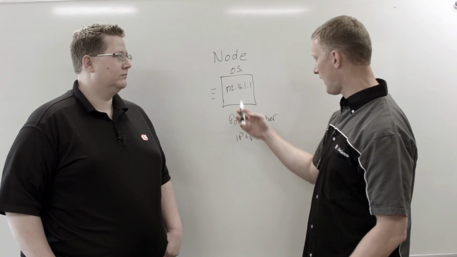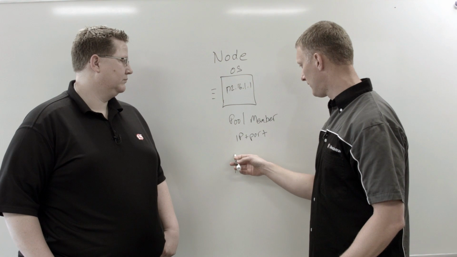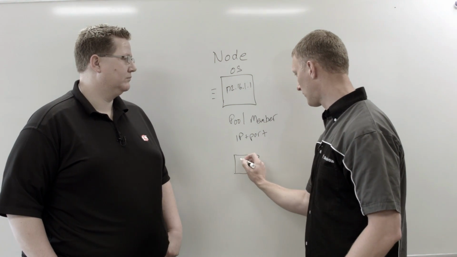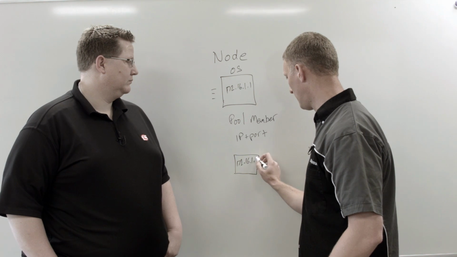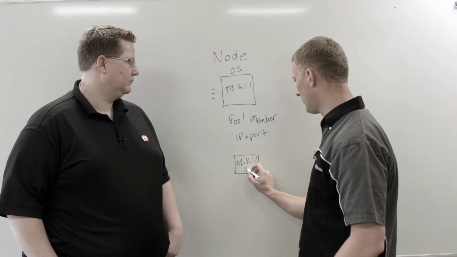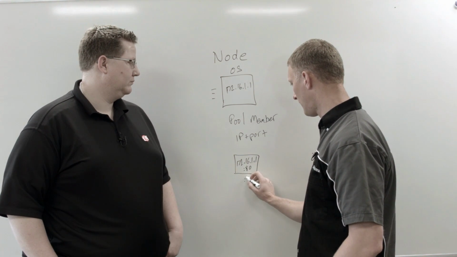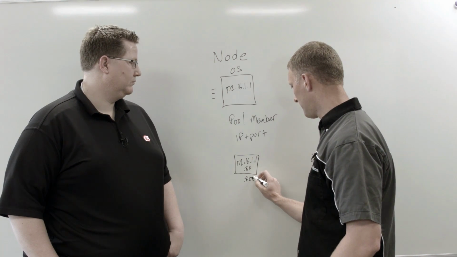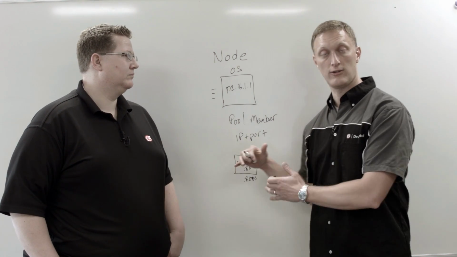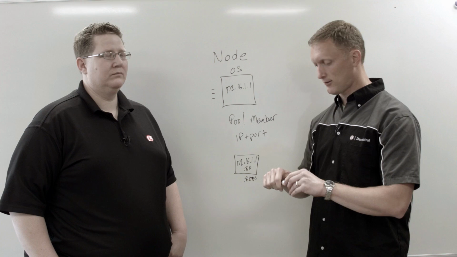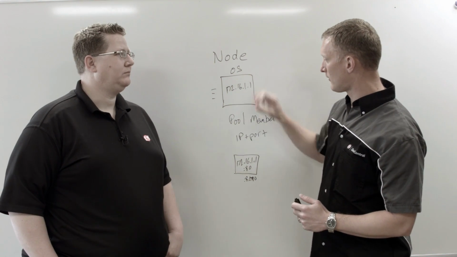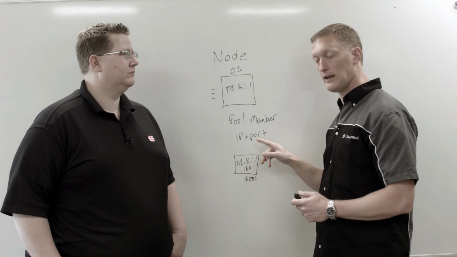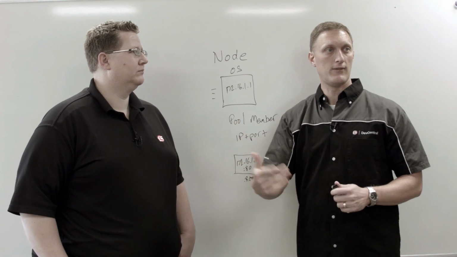So you may have a pool here with the server, let's say 172.16.1.1, but then you may have port 80, you may have port 8080, whatever the ports are. These are the services running on that. So again, from a terminology perspective, the node is just the server IP, and the pool member also includes the port of that IP.